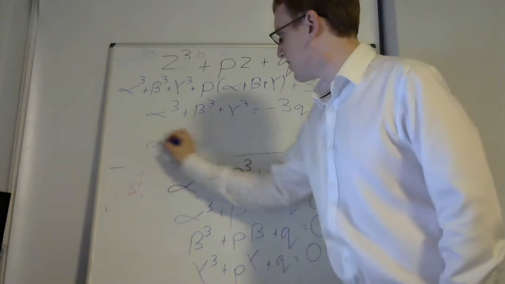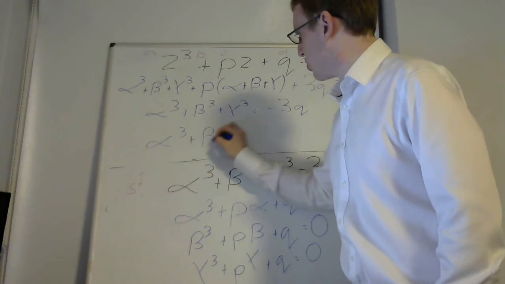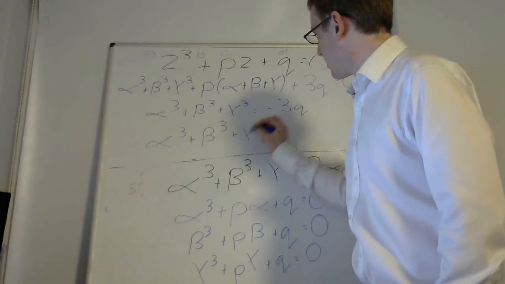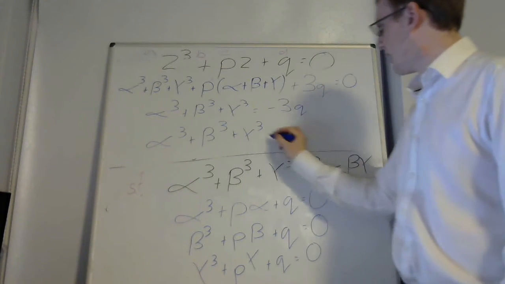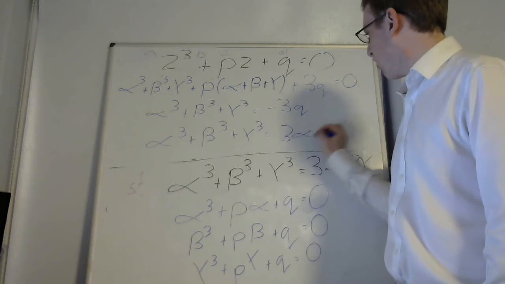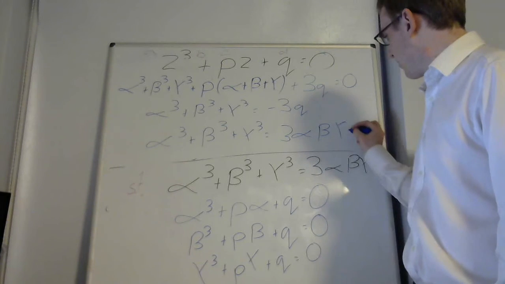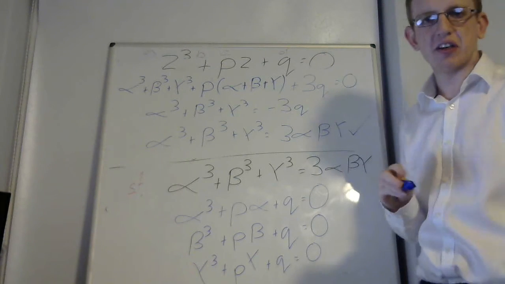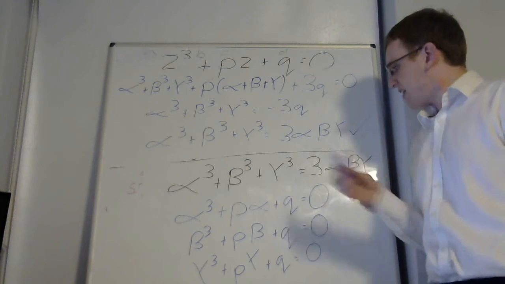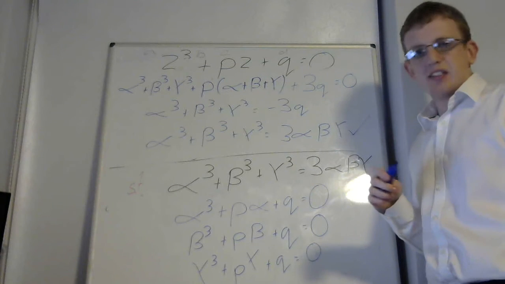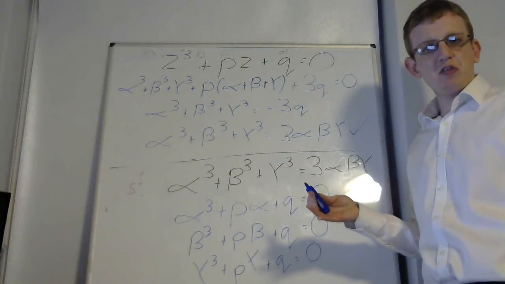And like I said, I'm pretty sure q was minus alpha, beta, gamma. So that would make this 3 alpha, beta, gamma, which as long as that q was okay, I'm pretty sure it was. That's correct, and that's what we wanted. So we're all happy.